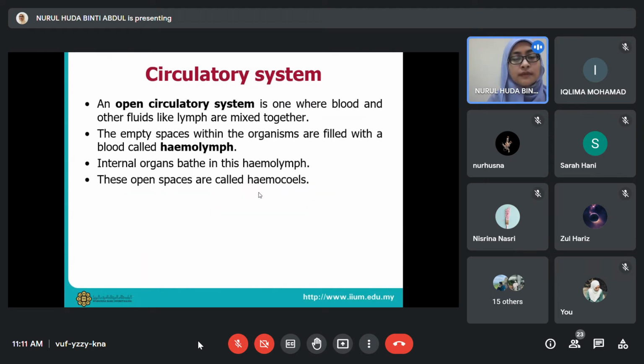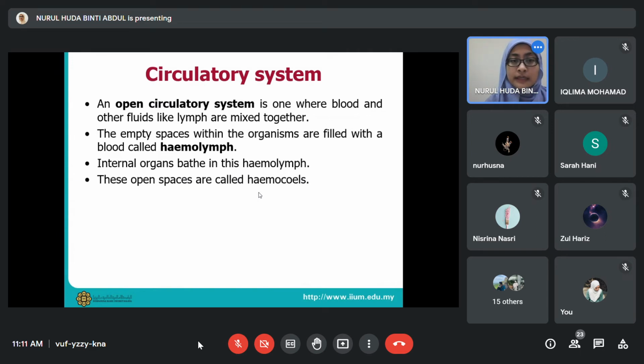For the circulatory system, which is the blood system, in humans we call it the blood system. It's just that in insects we call it an open circulatory system because blood and other fluid like lymph fluid are mixed together. In us, lymph and blood are separate, and our blood's function is to carry oxygen.